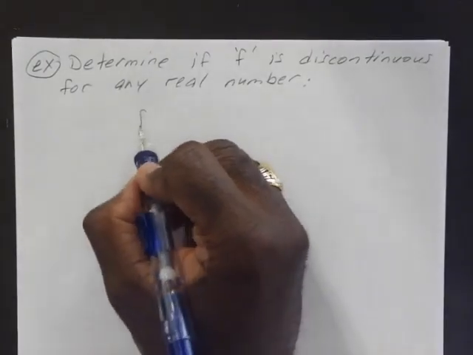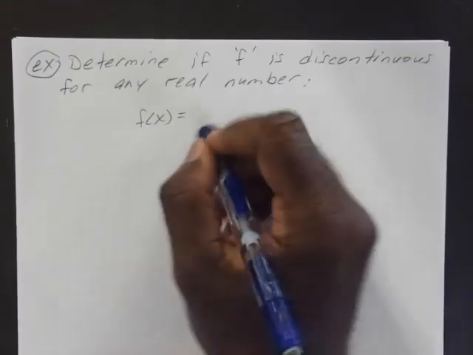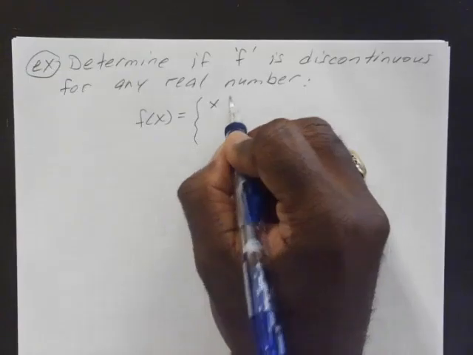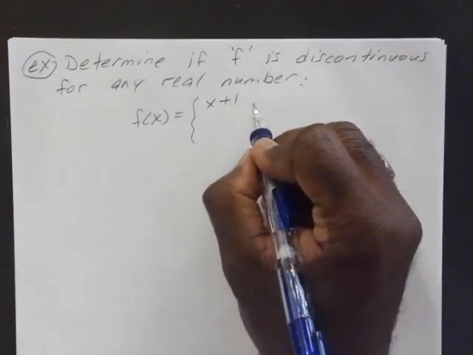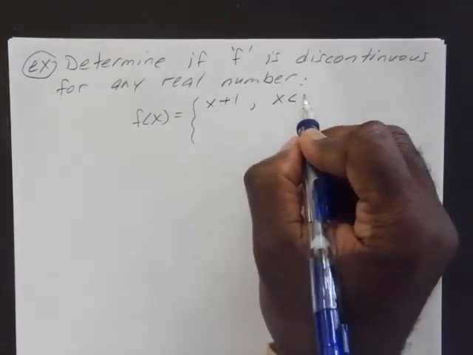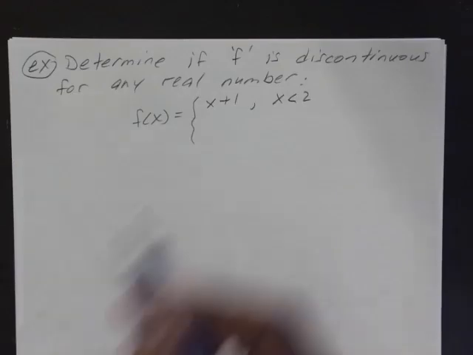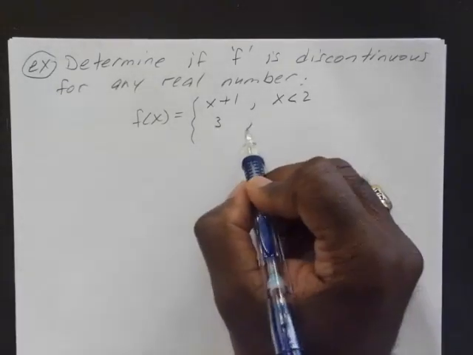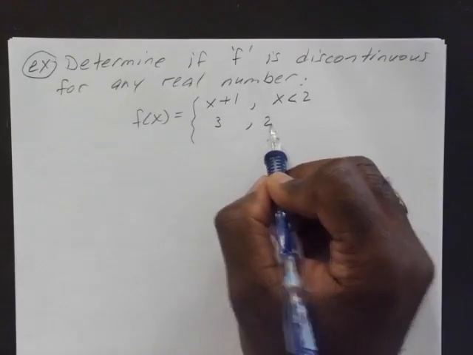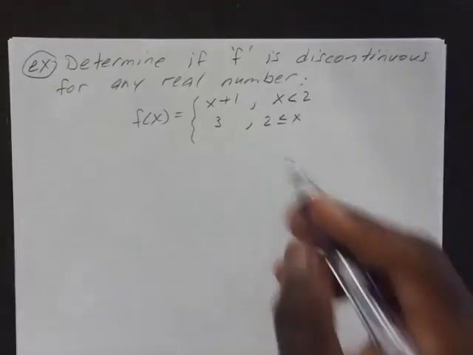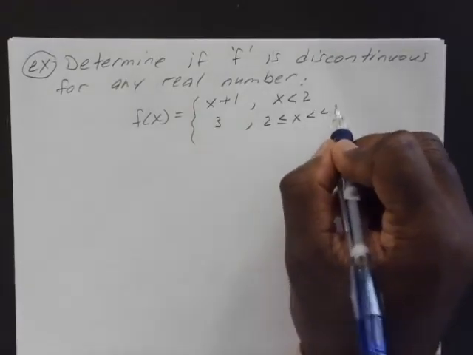Let's say we know that f of x is equal to x plus 1 when x is less than 2. It's equal to 3 when x is between 2 and 4. So 2 is less than or equal to x, and x is less than 4.